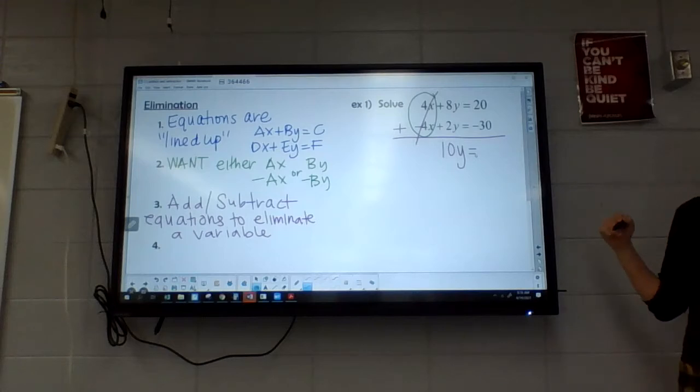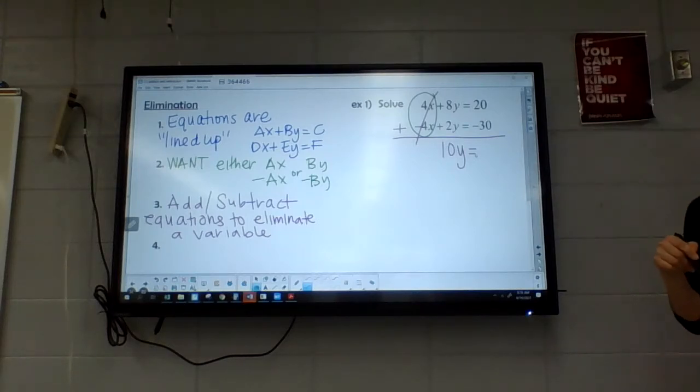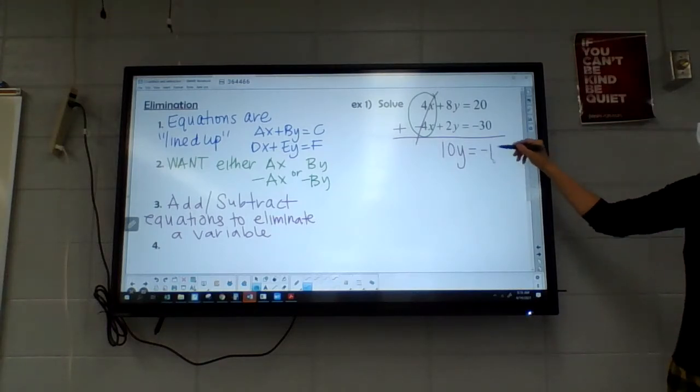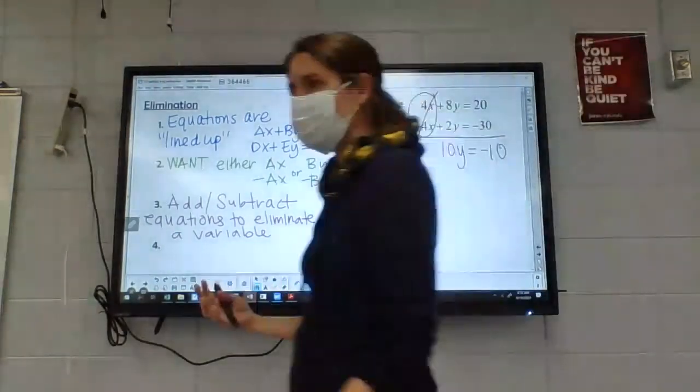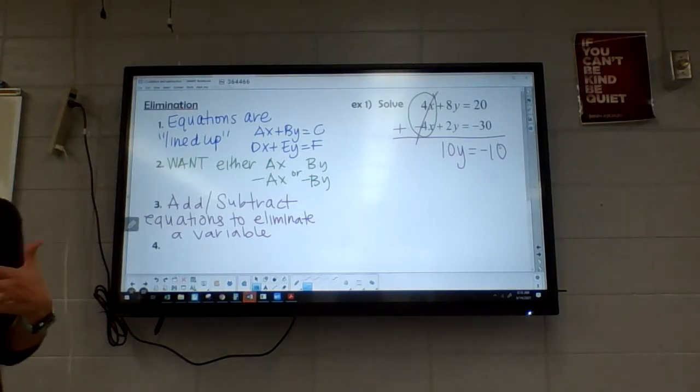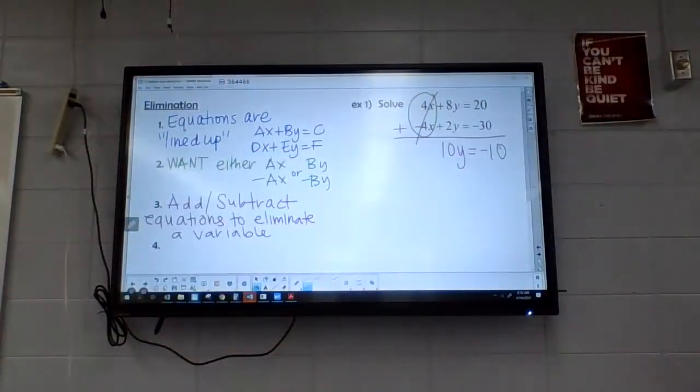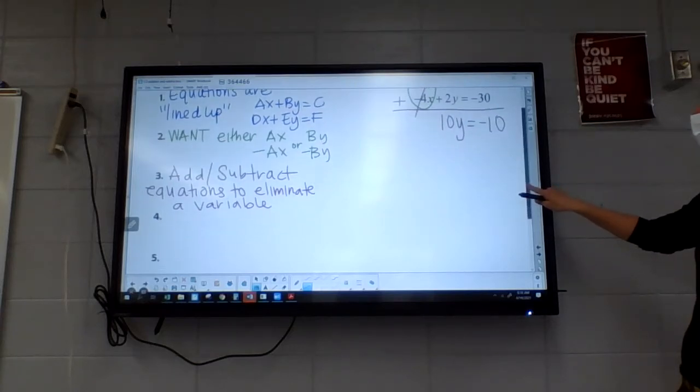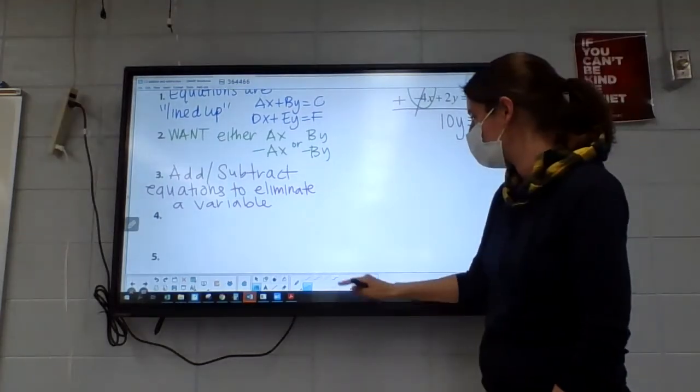And 20 minus 30 would be negative 10. So we got this equation down to only one variable and a one-step equation. We were able to eliminate something and make it a lot simpler very quickly. Do we know how to solve for y now? Yeah, pretty straightforward, not too complicated at this point. We're going to solve our new equation for y.